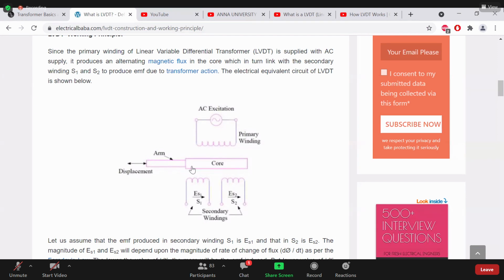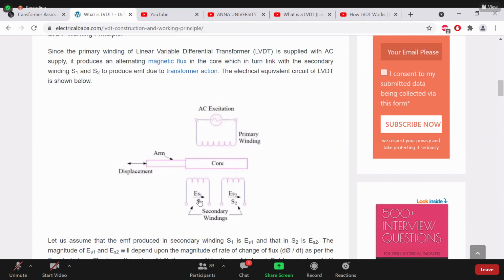If the core is covering both secondary 1 and secondary 2, you will get 0 voltage as output, because secondary 1 is producing positive voltage and secondary 2 will produce negative voltage.